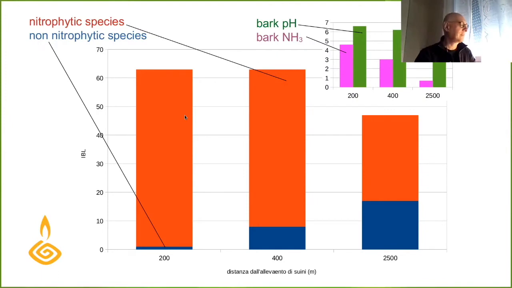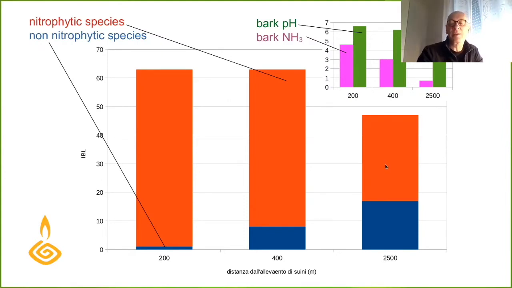So there is a huge production of ammonia, which goes through the atmosphere, faces transformation into ammonium, which is deposited over the bark surface of trees, and this causes an increase in bark pH. At the very end, this in turn causes an increase of nitrophytic species close to the source.